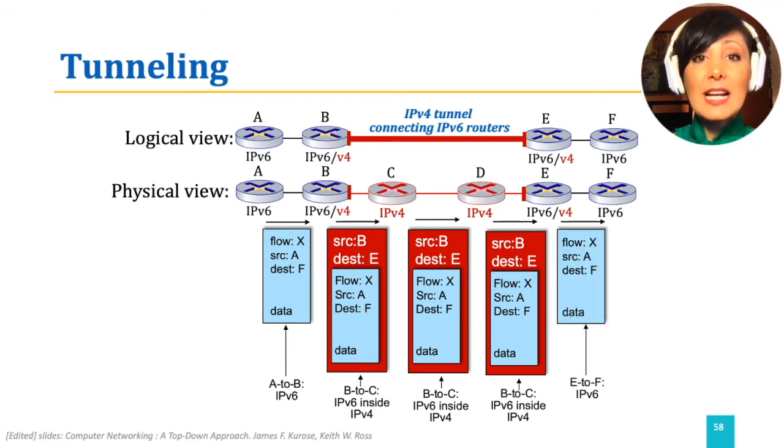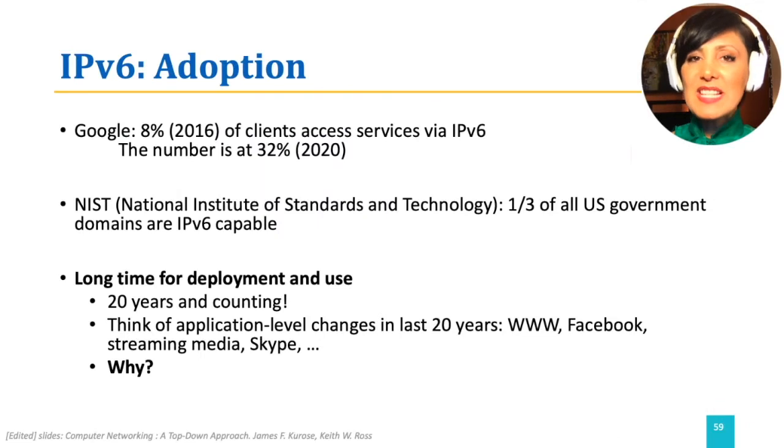Therefore, it can continue forwarding on IPv6 from that point on. Note that source and destination addresses of the IPv4 datagrams are the routers originating and terminating the IPv4 tunneling, therefore defining the tunnel boundaries.